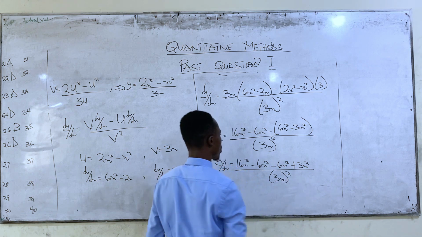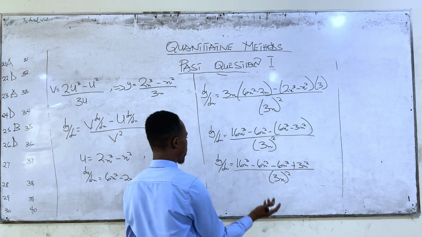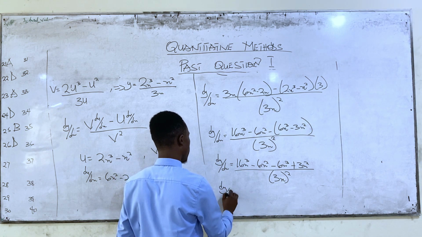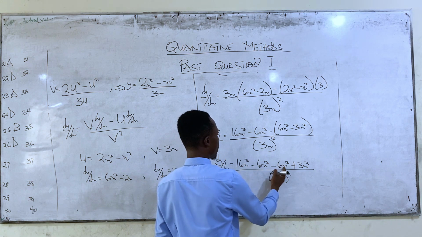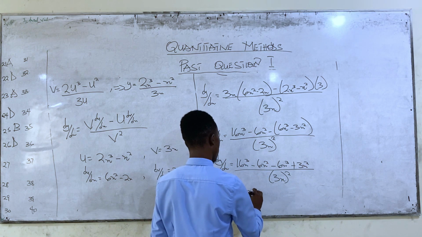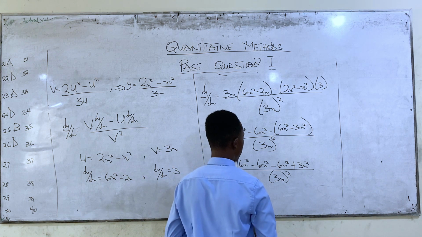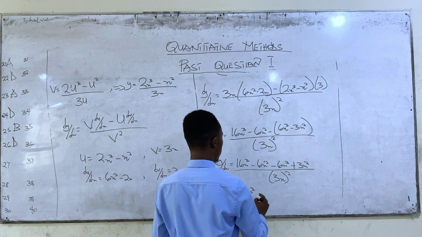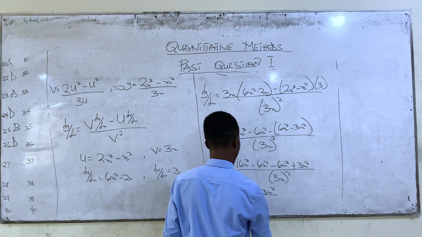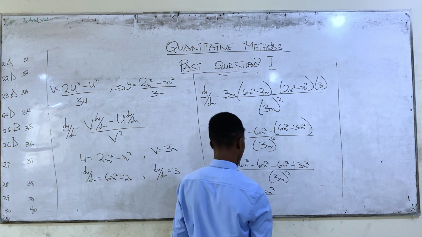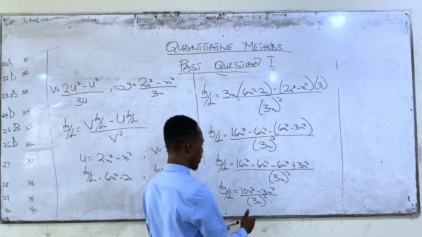I hope you are good. Let's group like terms, then we continue. Our dy dx is equal to 16x cubed minus 6x cubed, which will give you 10x cubed. Then minus 6x squared plus 3x squared is going to give you negative 3x squared, all over 3x squared. Good. So now we have it this way.